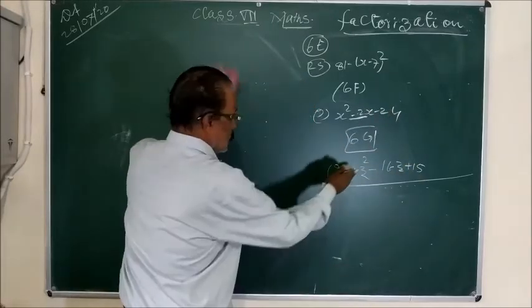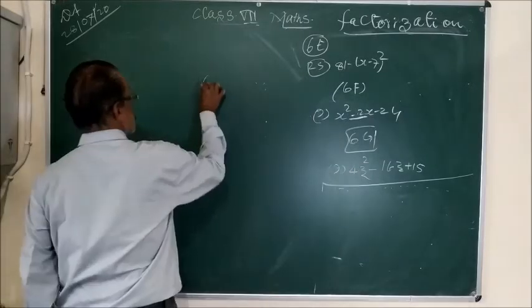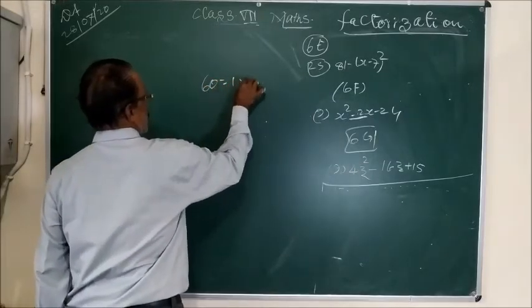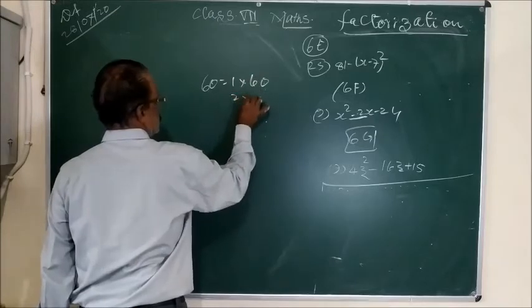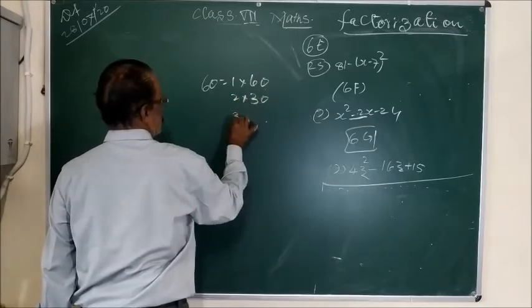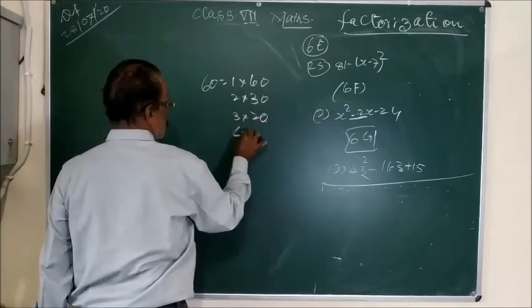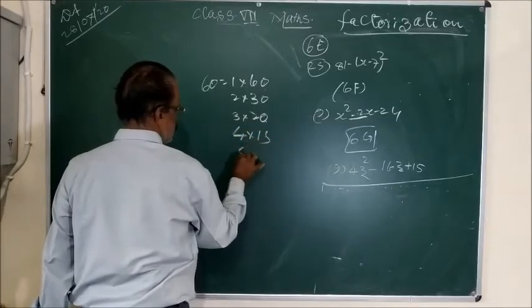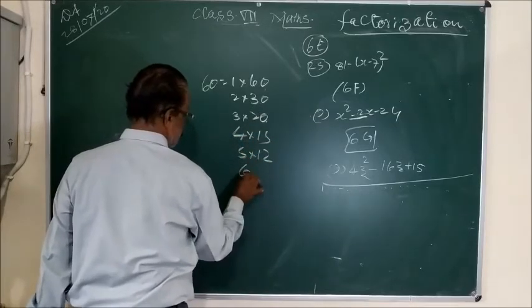तो वो जो 15 into 4 कितना आ गया 60. 60 का फैक्टर देखिए 1 into 60, 2 into 30, 3 into 20, 4 into 15, 5 into 12, 6 into 10.